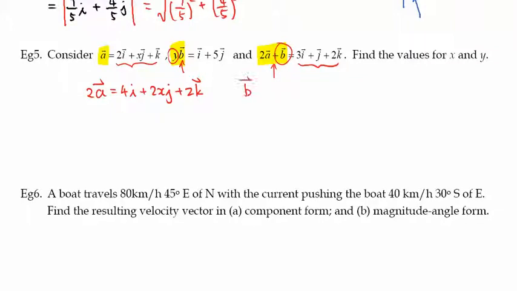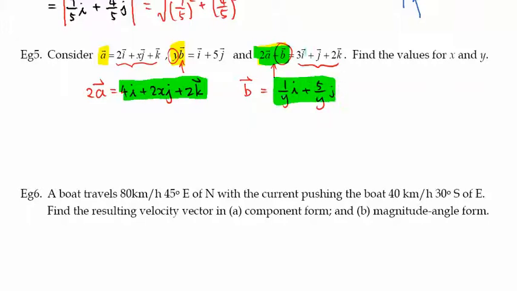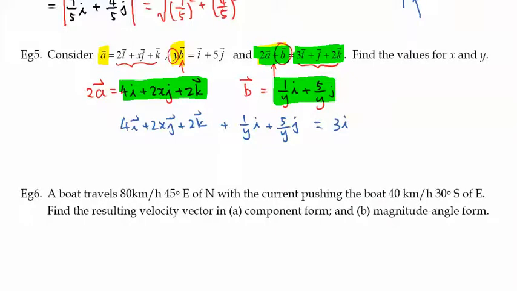So in this case, vector b equals 1 over y i plus 5 over y j, then 2a plus b, when you add this and that together, will give us 3i plus j plus 2k. 4i plus 2xj plus 2k, when you add this to 1 over y i plus 5 over y j, will give us 3i plus j plus 2k.